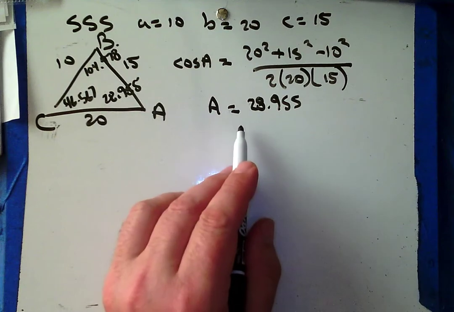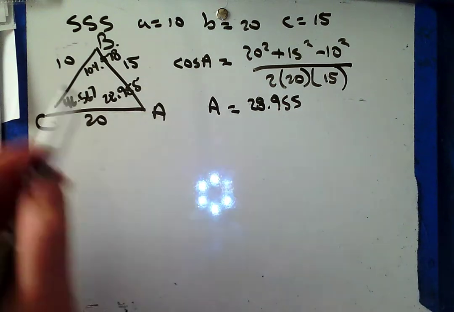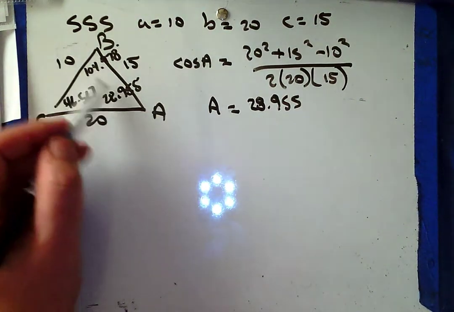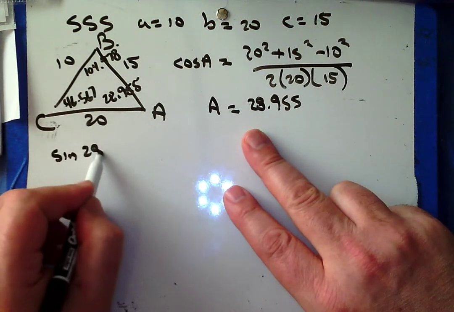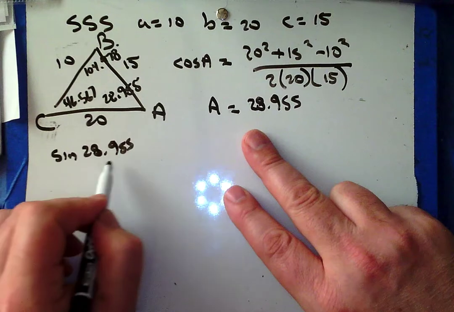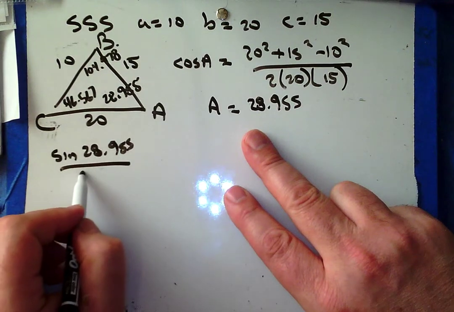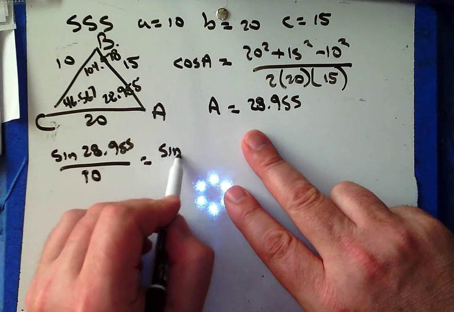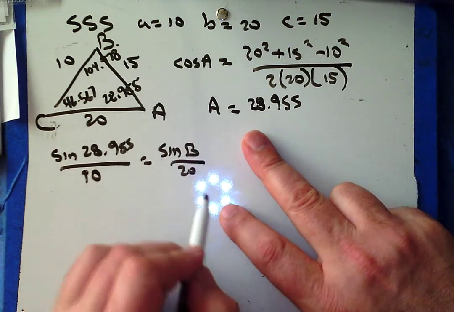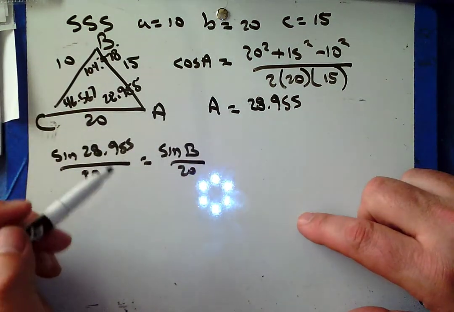Now let's switch to law of sines, because we've got an opposite side angle pair. Okay, so we can say the sine of 28.955 over 10 equals the sine of B over 20. That would help us find this angle.